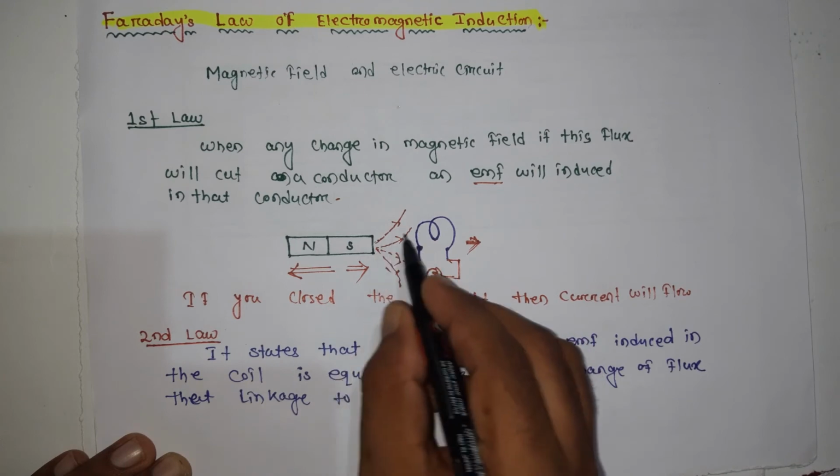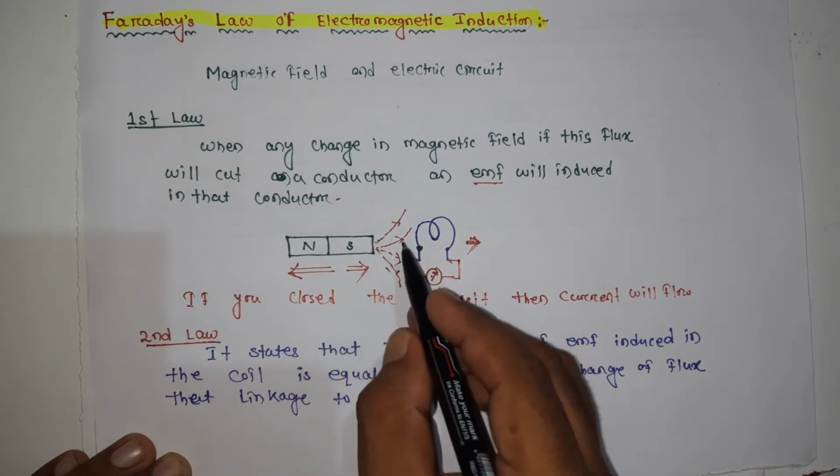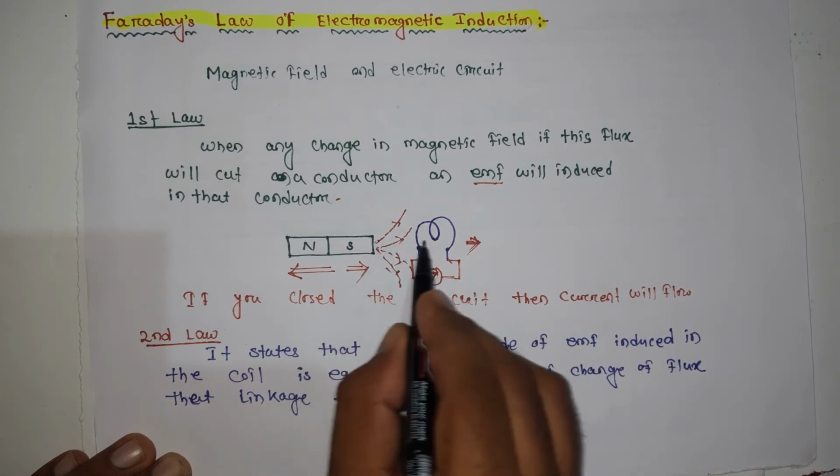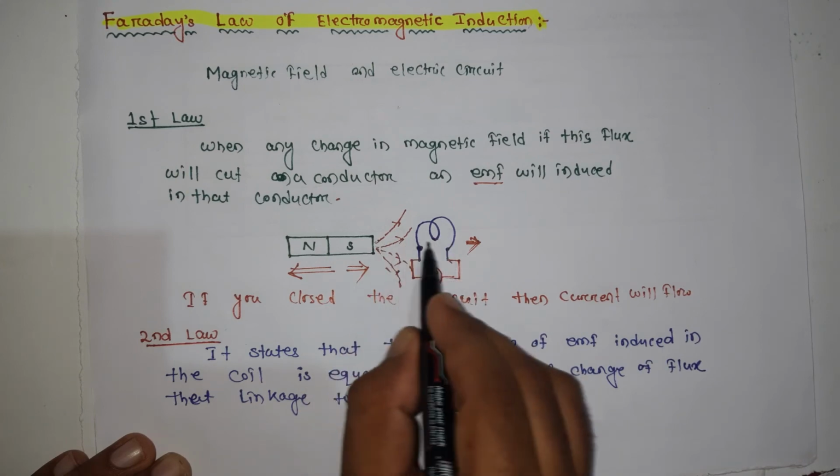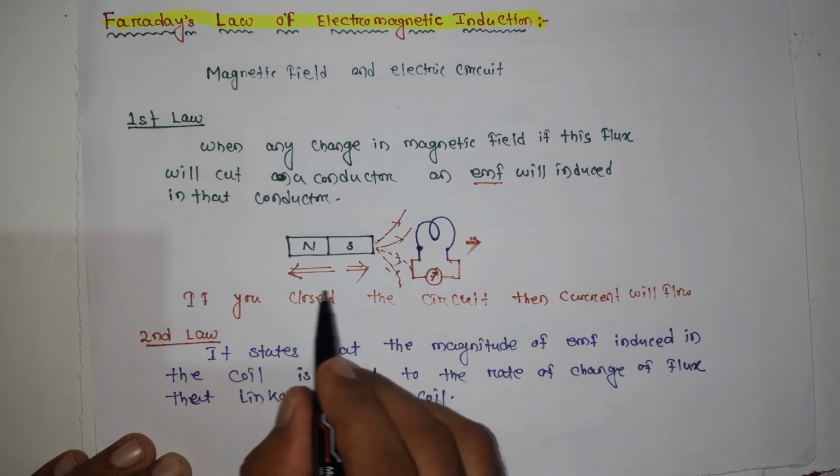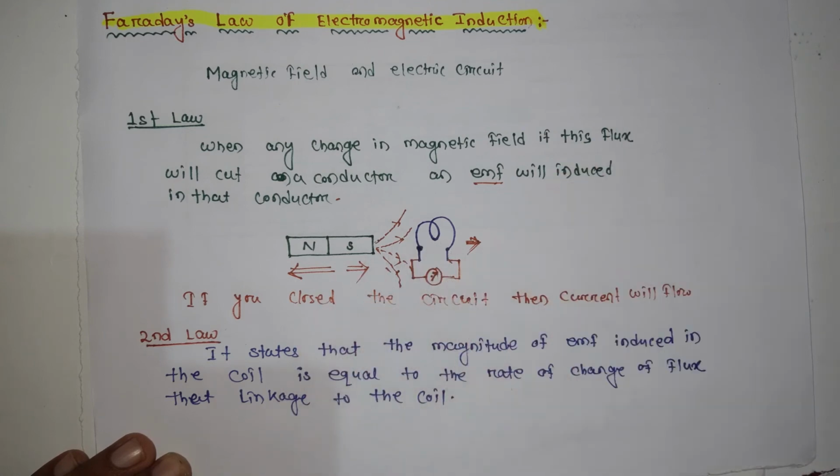In what time interval the flux will link with this conductor or this coil decides the magnitude of the EMF. You can just write E equal to d phi by dt.